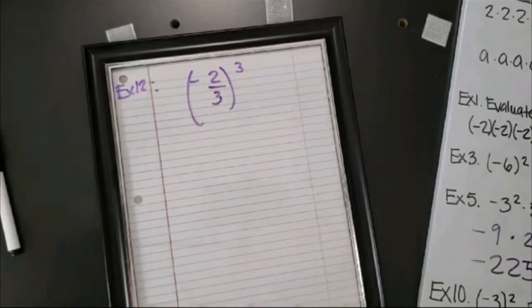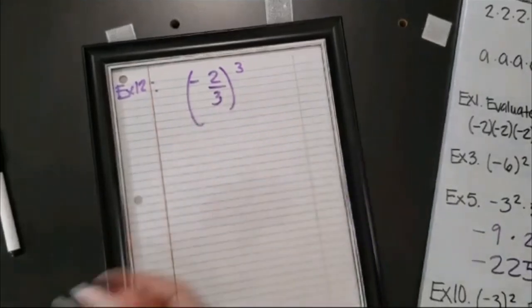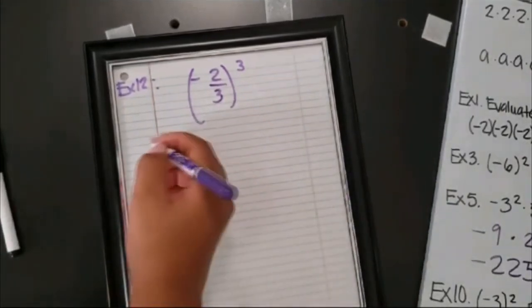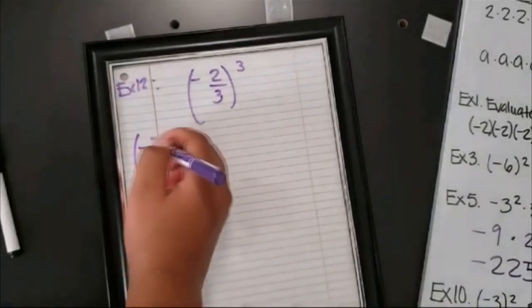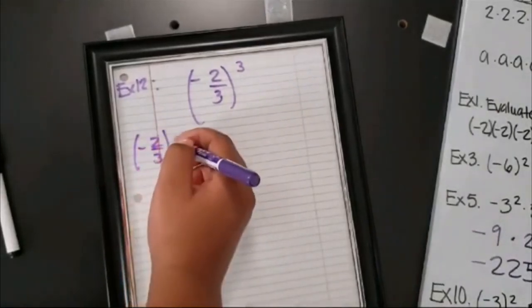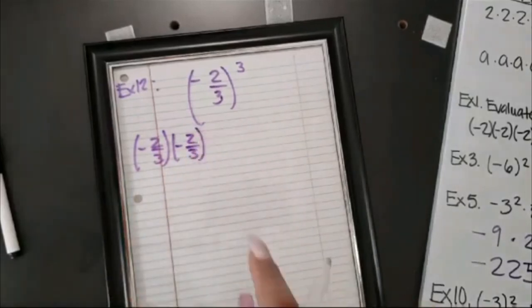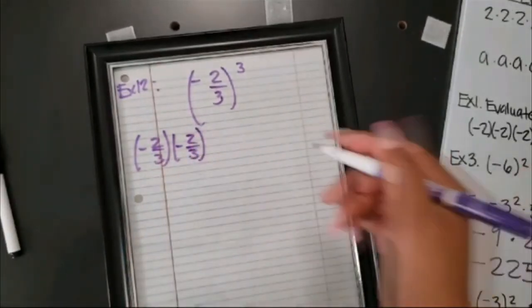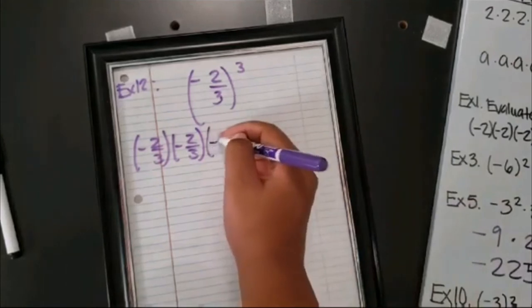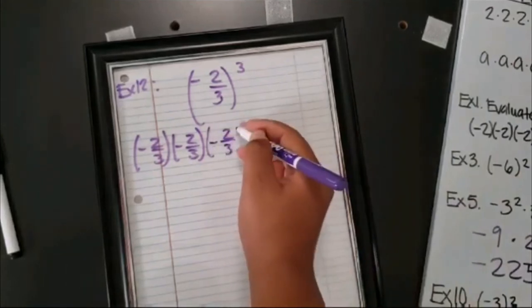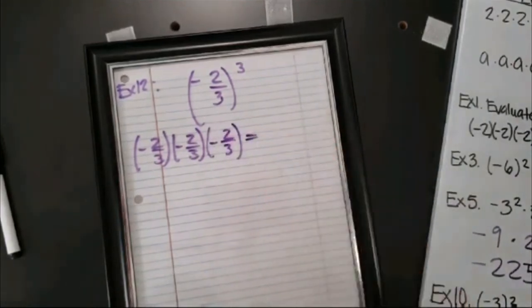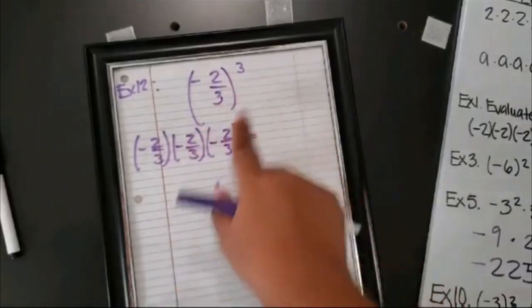All right. So what this is saying is that we have -2/3 times -2/3 times -2/3. Okay, that is the same thing that this means.